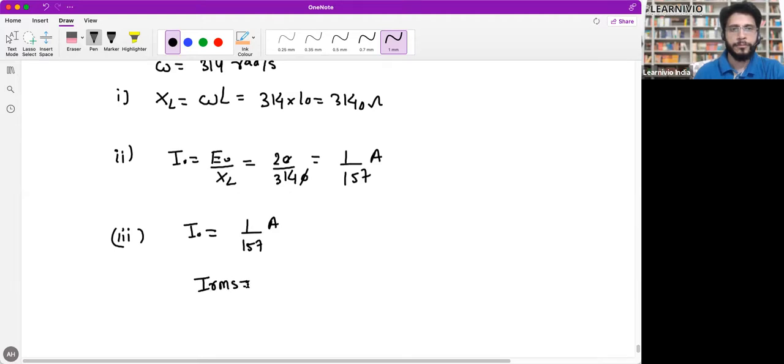Multiply by 0.707, or you can divide it by √2. So it's 0.707 of I naught.